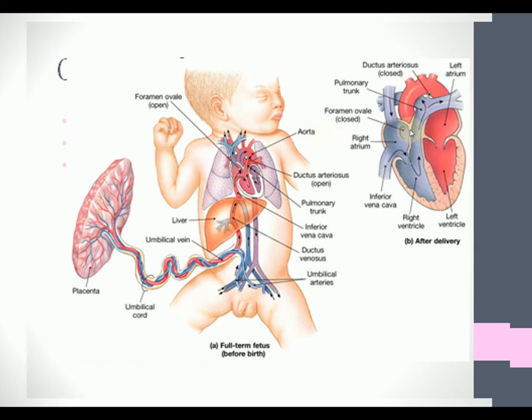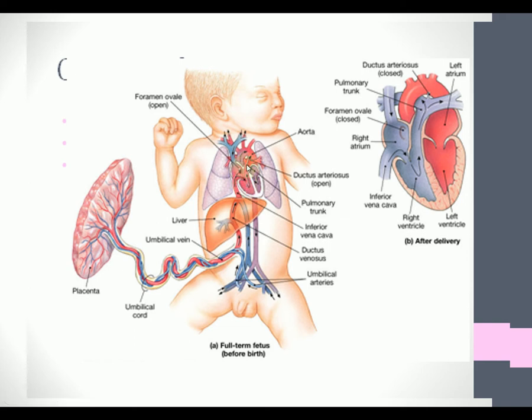You see over here you have the normal heart after it delivers. The ductus is closed. The foramen ovale has closed. So we have normal circulation. But here in the fetus, right now, what's happening is that we're getting oxygenated blood in the right side of the heart.